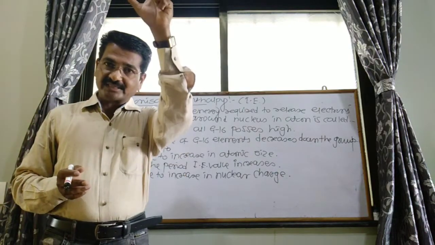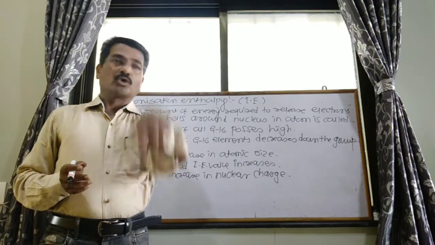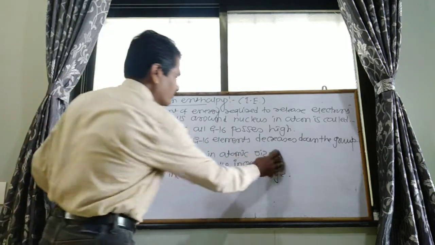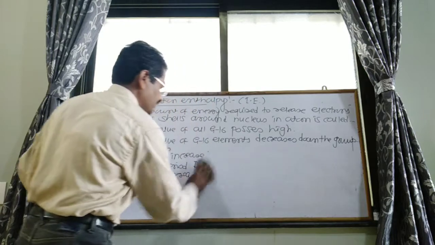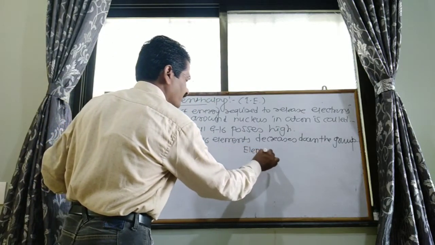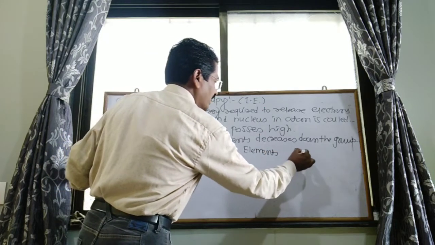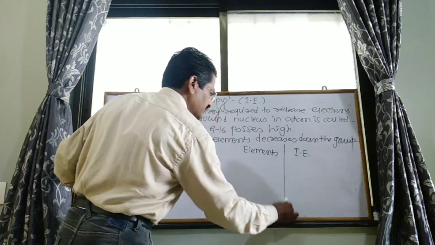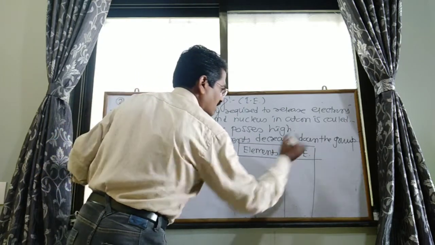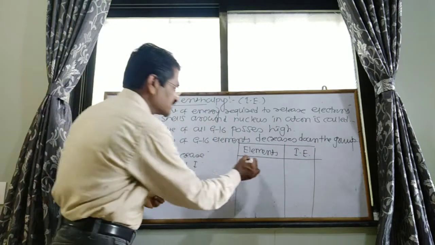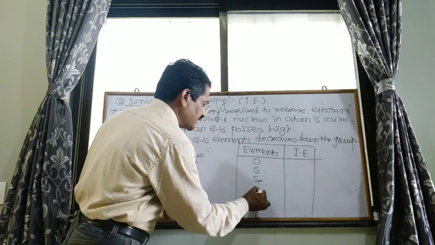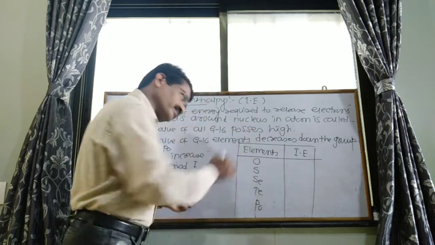But along the group, it decreases. So what about the actual chart of that ionization enthalpy? The IE value of each element in G16. In G16, first is oxygen, then sulfur, selenium, tellurium and polonium.